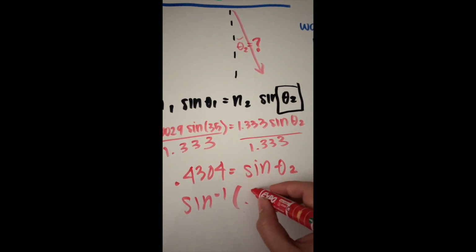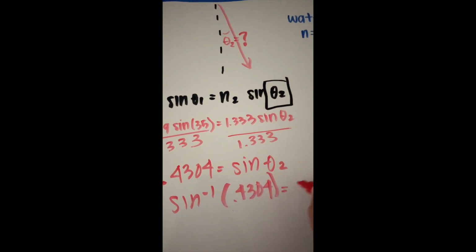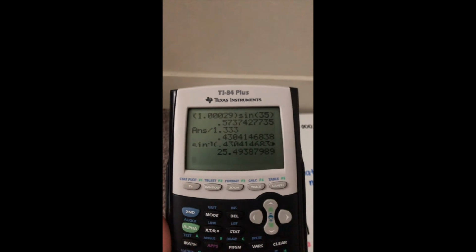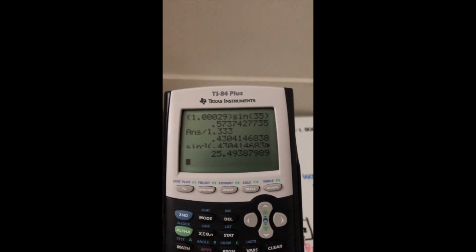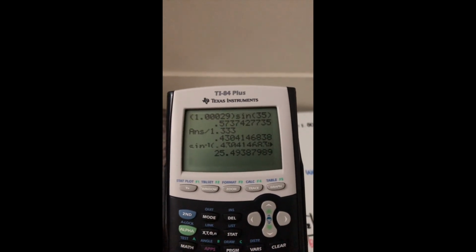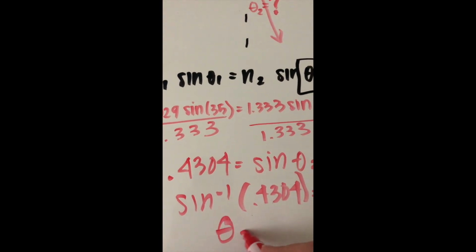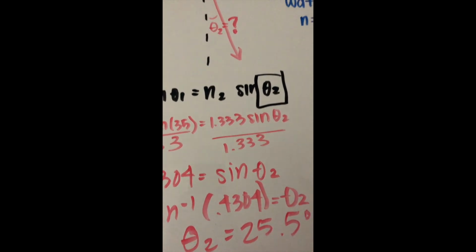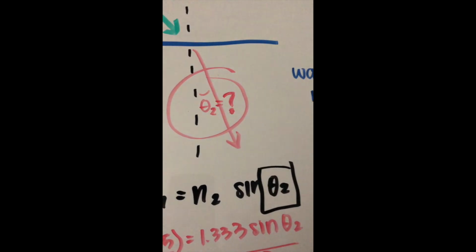So inverse sine of 0.4304 is equal to theta 2. And based on my calculations using my calculator, I got 25.49, which is roughly 25.5. So theta 2 is equal to 25.5 degrees. And that is this angle right here.